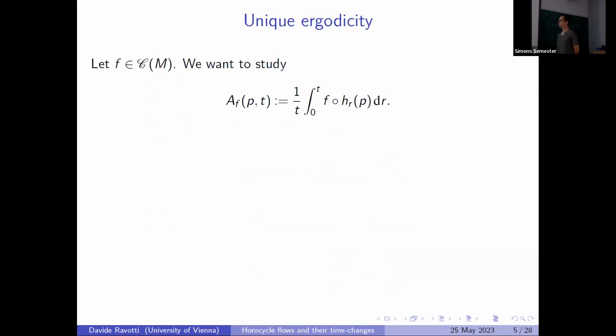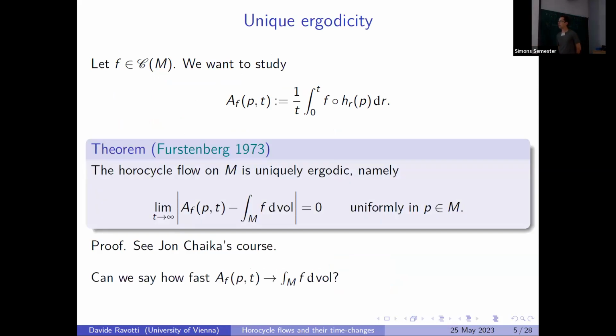Okay, so what we want to do is fix, say, a continuous function f and study the ergodic averages. I will denote by A_f for average, associated to the function f at the initial point p up to time t. What can we say about this? It's a classical result of Furstenberg that in this setting, when the quotient is compact, the horocycle flow is uniquely ergodic.